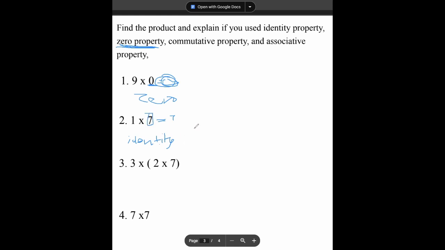So like 1 times 7 would only be 7, and 1 times 3 would only be 3, 1 times 4 would only be 4, and you keep going with that. And then 3 times 2 times 7, this would be 14 times 3, or 6 times 7, which is 42.